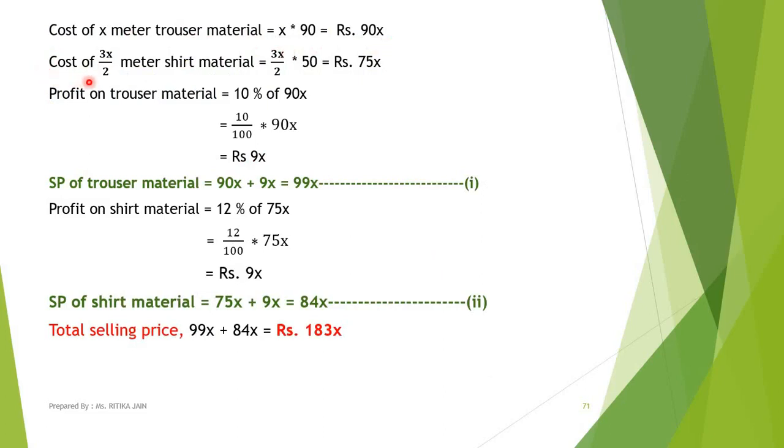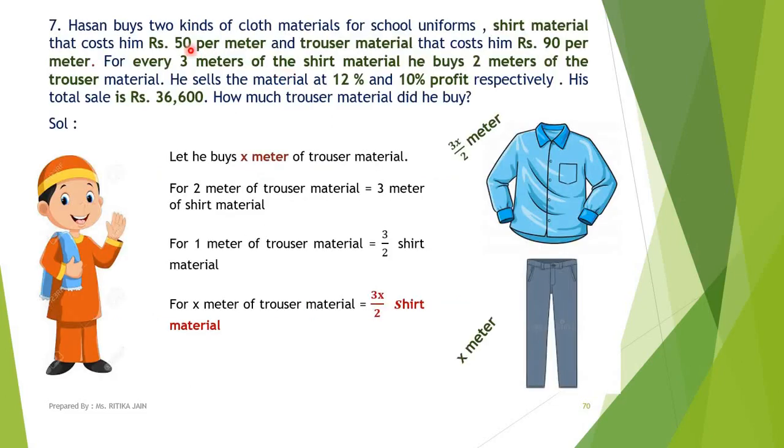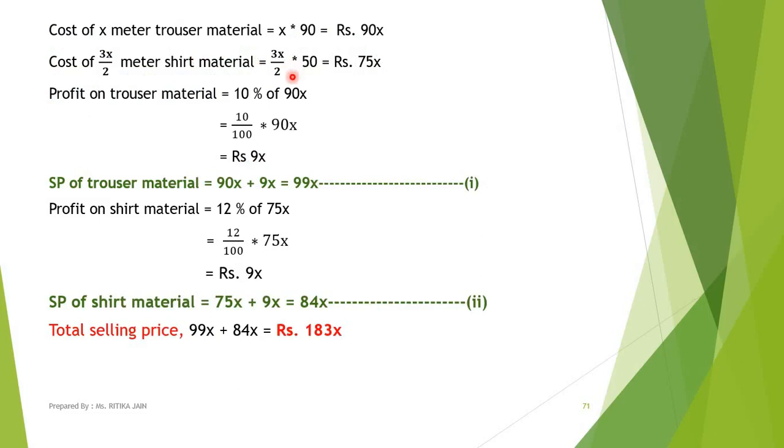Similarly, we will calculate the cost of 3x/2 meter of shirt material. The cost of shirt material for 1 meter is 50 rupees. So for 3x/2 meter, it will be 3x/2 into 50. It will give you 75x.